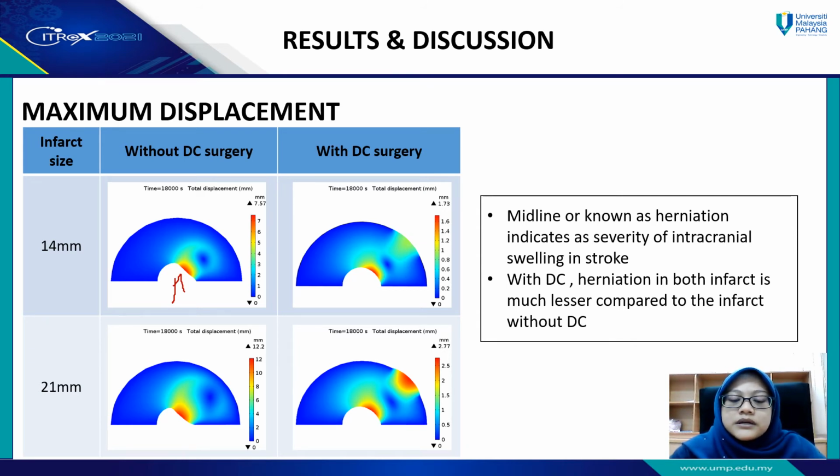Based on this figure, the herniation in both infarcts with decompressive craniectomy operation is lesser compared to the infarct without decompressive craniectomy. This might be because the decompressive craniectomy operation allowed the infarct to swell towards the skull opening, which reduced the level of intracranial pressure, as the ventricular compression is also reduced.